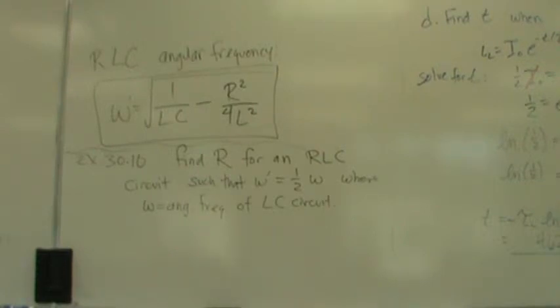But I think it wouldn't have an oscillating frequency if it was overdamped or critically damped, so the second piece of logic is if it's going to have a frequency, it would have to be the underdamped case.